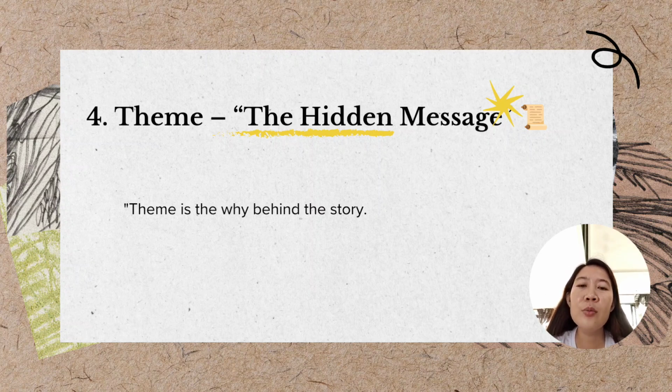For example, Romeo and Juliet equals love versus fate, while the Hunger Games equals the dangers of totalitarianism and reality TV. So basically the story's moral lesson, minus the pop quiz, okay?